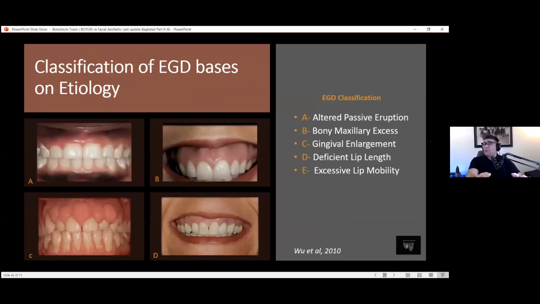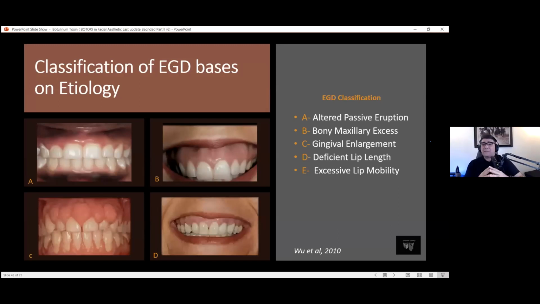Maybe I have to start other steps as adjuvant or multimodality treatment before I give my patient the botulinum toxin. For example, we do have a nice classification. There are many classifications, but I'm focusing on the 2 most popular classifications of gummy smile: the Allen and Miller and the Whitall's classification of excess gingival display.